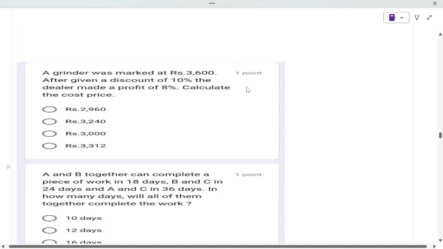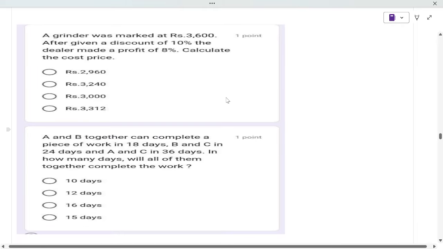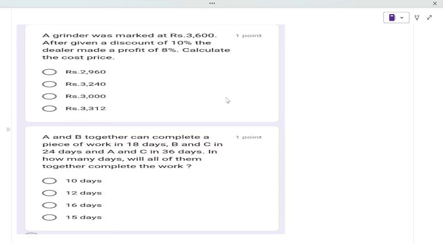Next one, it will be percentage discount. A grinder was marked at rupees 3600. After giving a discount of 10%, the dealer made a profit of 8%. So a 10% discount was given on the market price and an 8% profit was made, so we have to find the cost price.